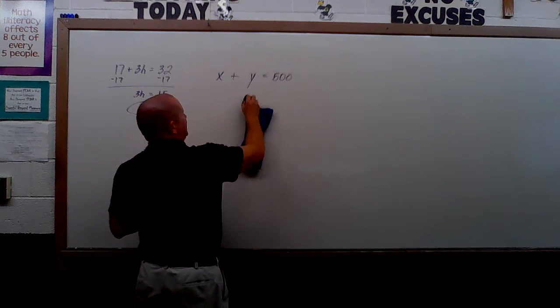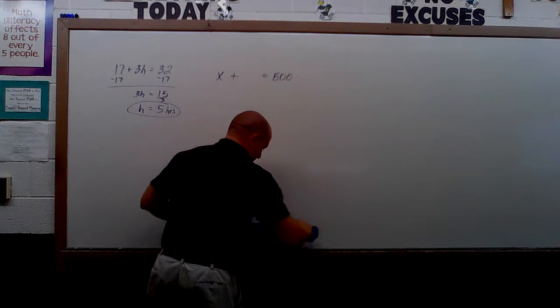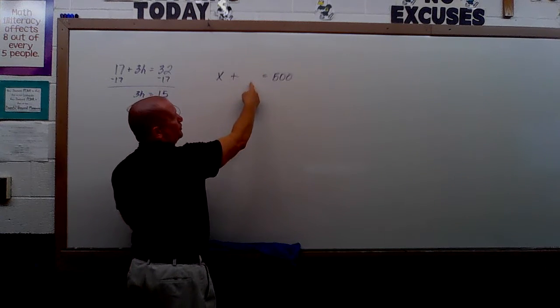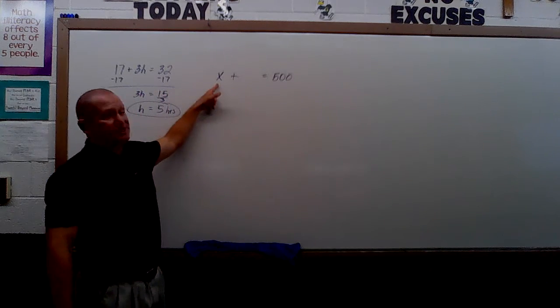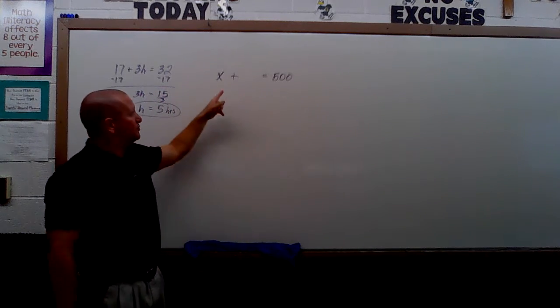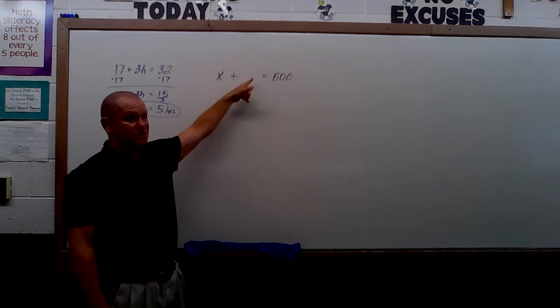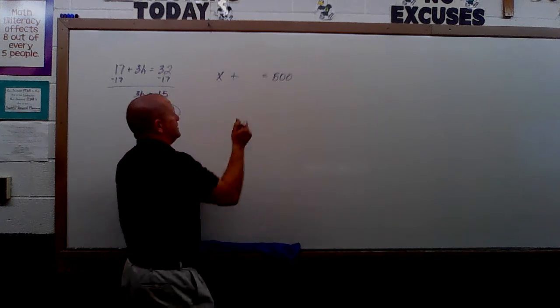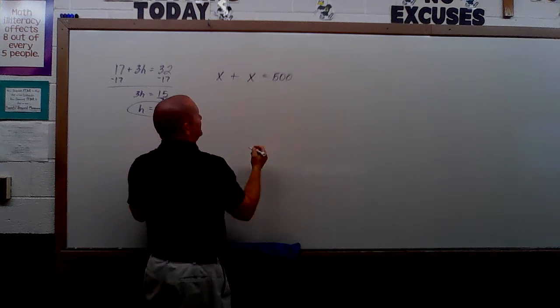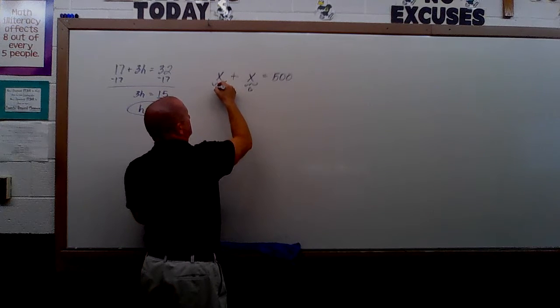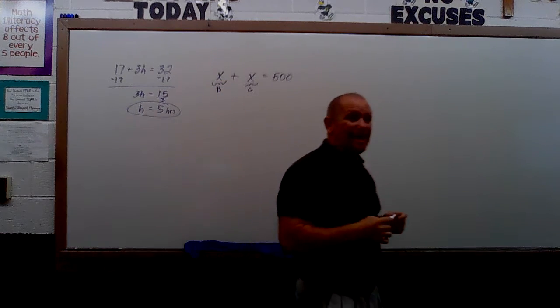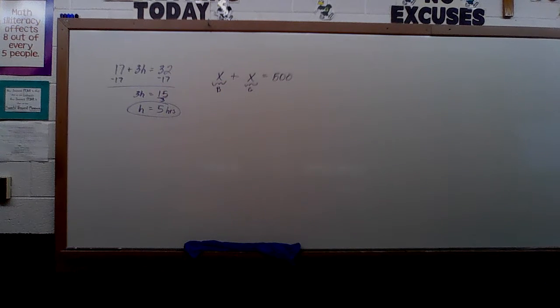So if I did that, I would want to take the variable that I had for the girls, which was Y, and turn it into the boys' variable, but use the information that the boys did 3 times as much as the girls. So if I came back and I said, this is my girls, and this is my boys, but the boys did 3 times as much as the girls, how can I write that using X for both genders?